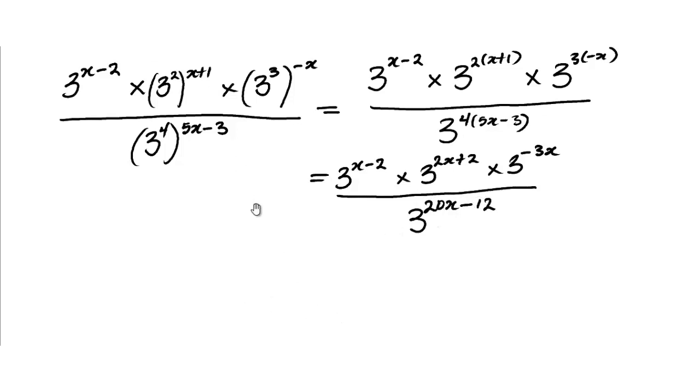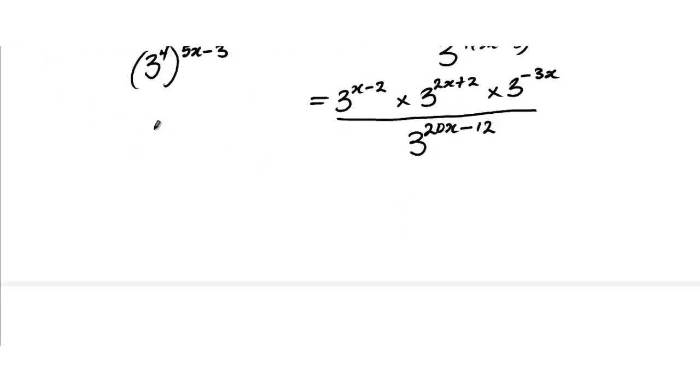So from one of the laws of indices, that is the multiplication law, you need to recall that a raised to the power of x times a raised to power of y times a raised to power of z and so on can be written as a raised to power x plus y plus z, as long as the bases are the same.